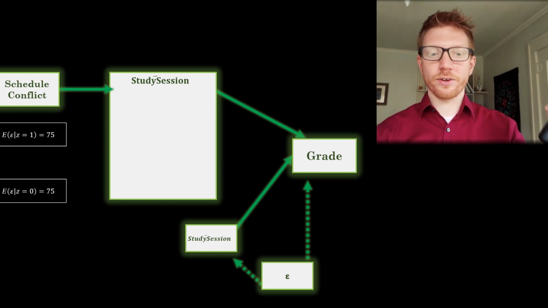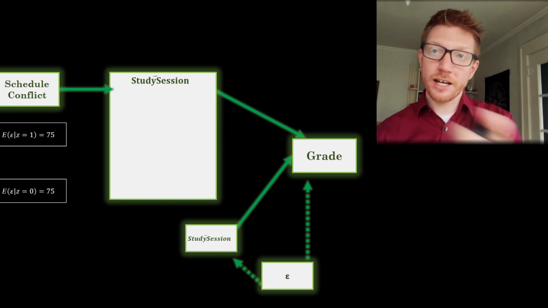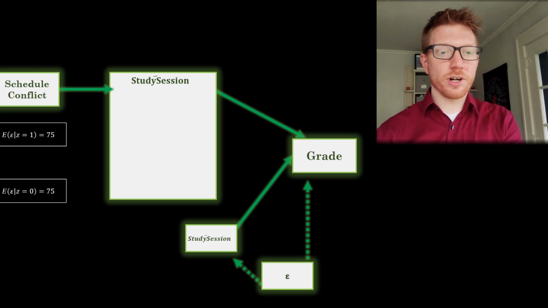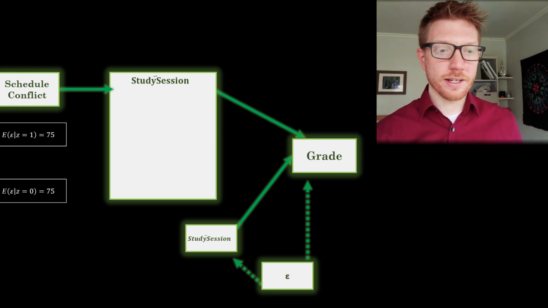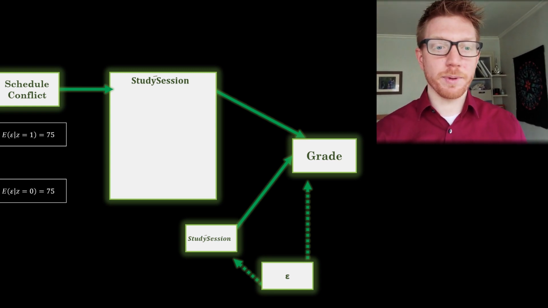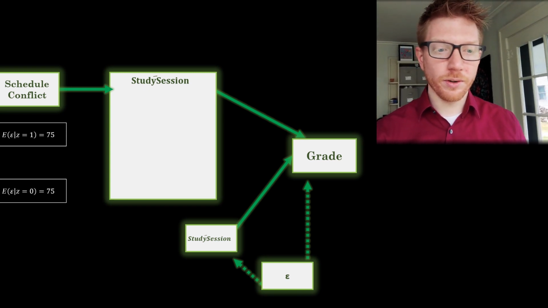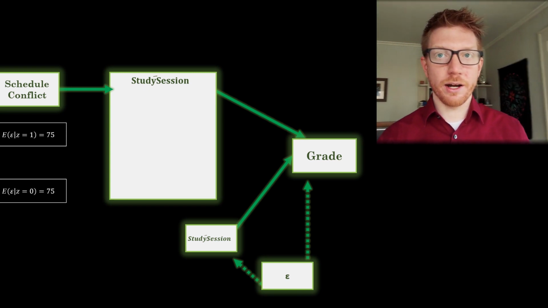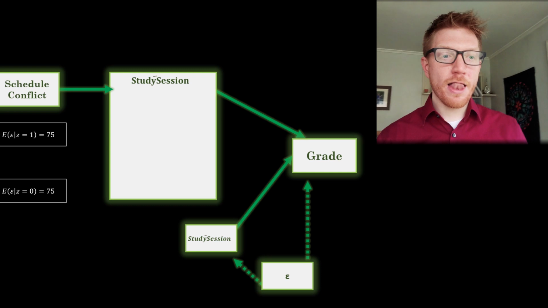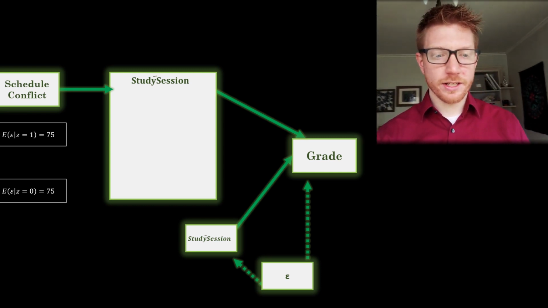In particular, whether or not you had a schedule conflict in this example needs to not be related to what your grade would have been, regardless of the study session.